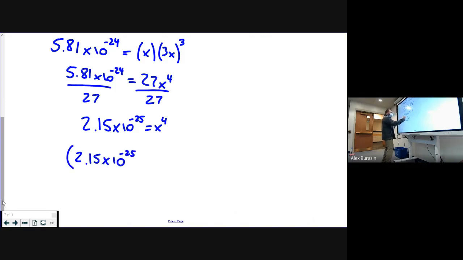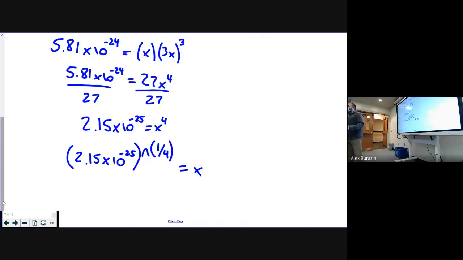I'm going to take this, caret, parentheses, 1 divided by 4, equals x. That's what I do. You don't have to do it that way by any means. If you know where your x root button is and you know how to punch it in correctly, you can totally punch in a fourth root in your calculator.